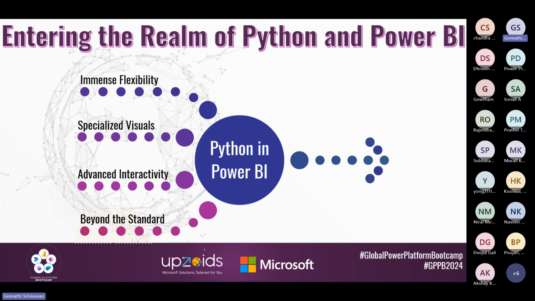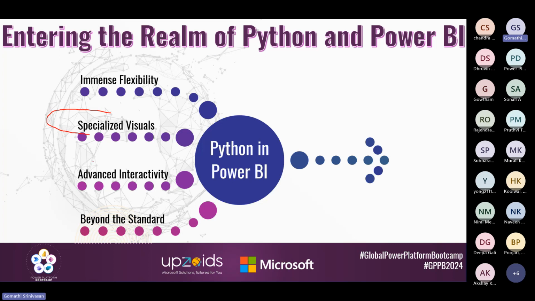Python's data visualization libraries like Matplotlib, Seaborn, Plotly, and Pandas provide unparalleled control over design and functionality. With Python in Power BI, we can build customized statistical plots, complex scientific diagrams, industry-specific visuals, and unique charts tailored specifically to your data.